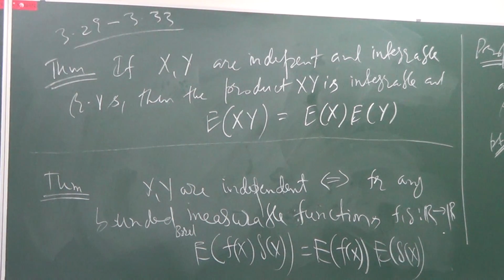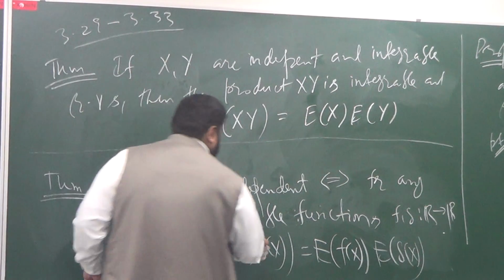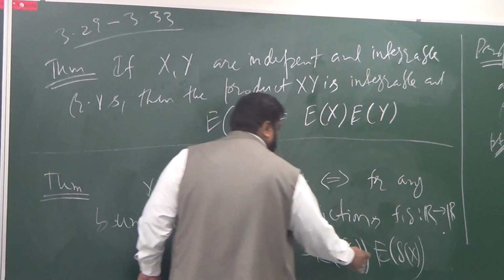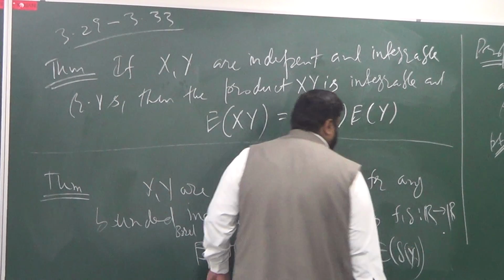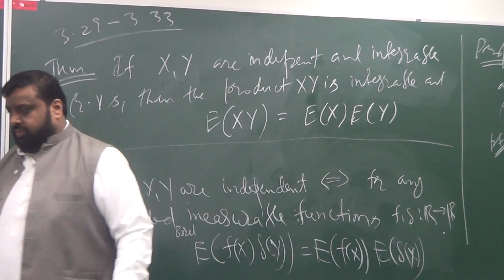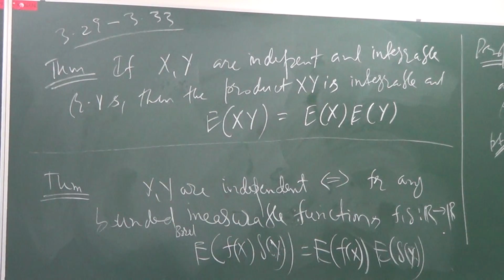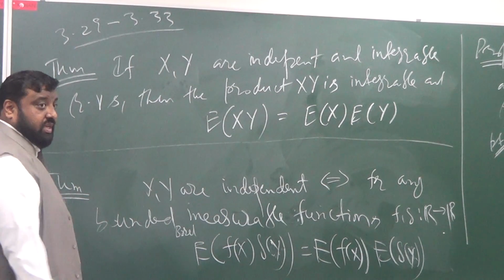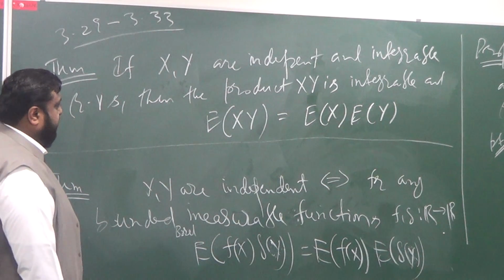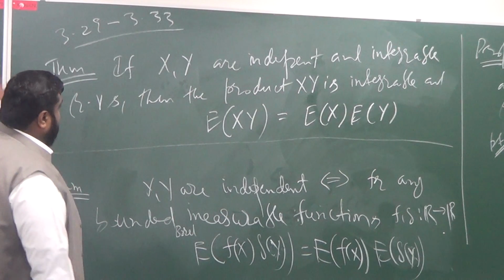Why must this be true? So first, X and Y are independent. Yes. So the compositions f of X and g of Y are also independent. Yes. And then by the above theorem, expectation. Yes. So it's just a combination of this result and this result.